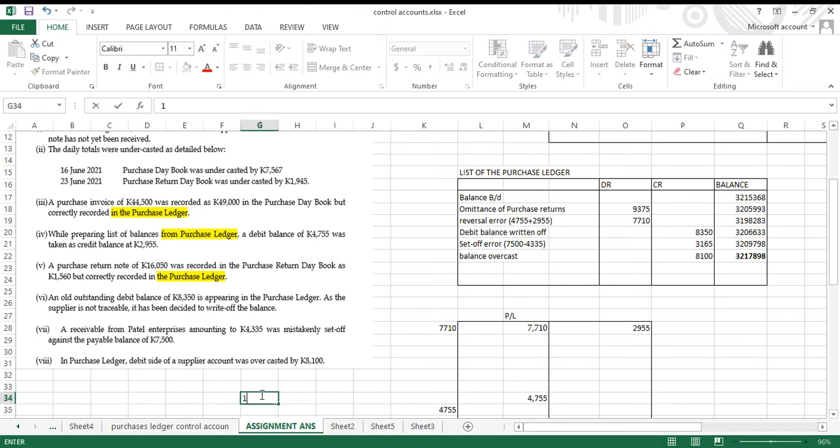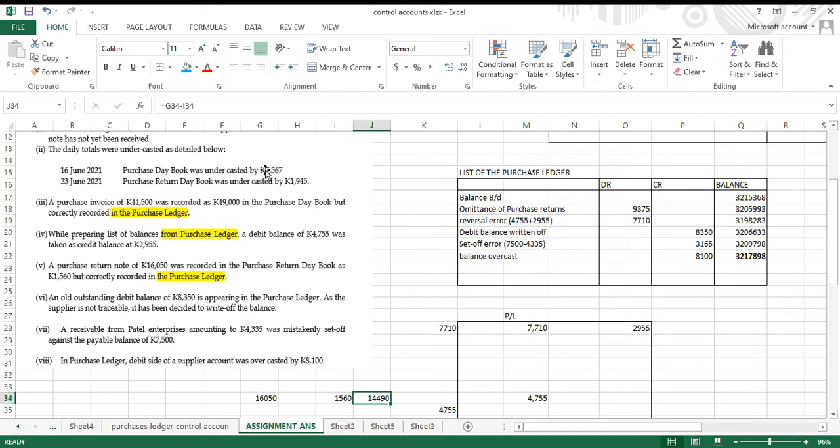So let's see how much they understated by. 16,050 minus 1,560, we get 14,490. So our purchase returns were understated by 14,490.